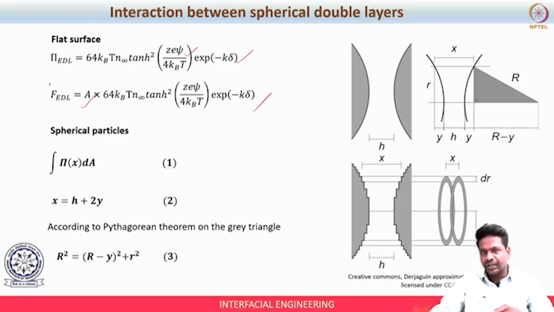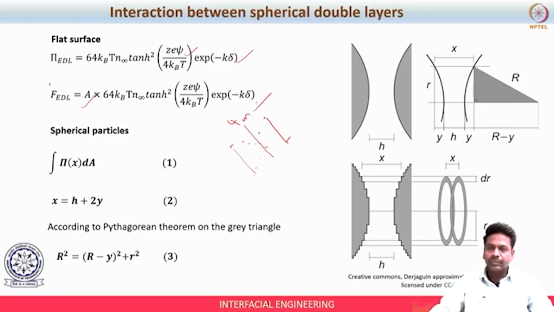In the case of a planar surface, remember when we calculated for a planar surface, we used the principle of superposition to calculate the potential at the midpoint. We know the midpoint potential is psi m.